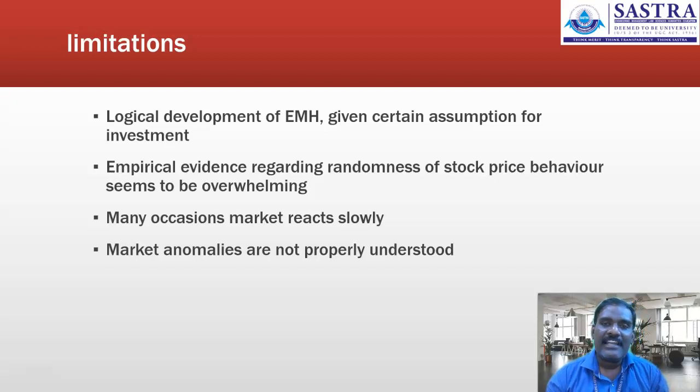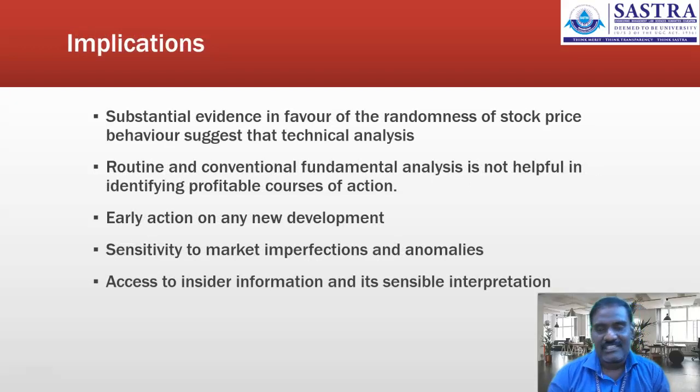So in that aspect, the anomalies in the market, the sentiments in the market, the trends in the market, you can't predict, you can't understand, you can't identify those anomalies in the market. So these are some of the limitations associated with the efficient market hypothesis.